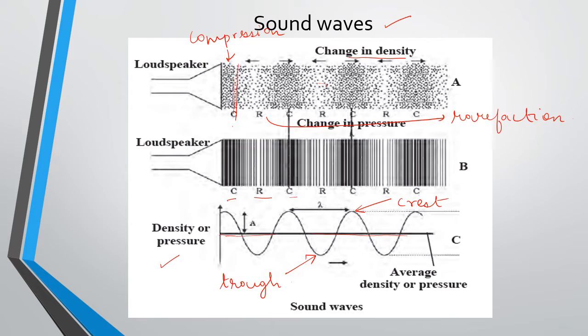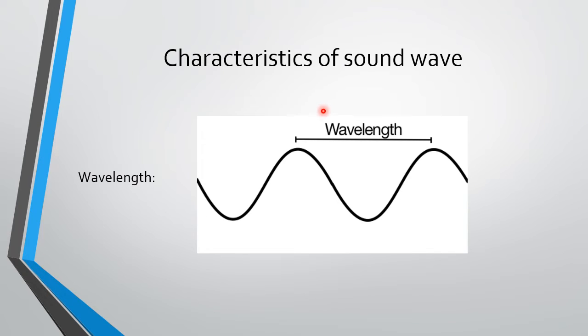Then what are the characteristics of sound waves? The first characteristic is the wavelength. Now what is a wavelength? The wavelength is the distance between two crests.